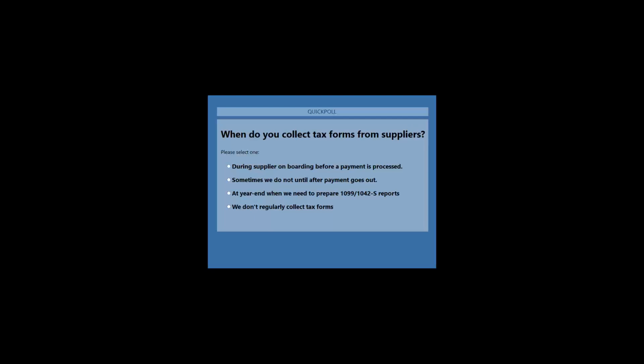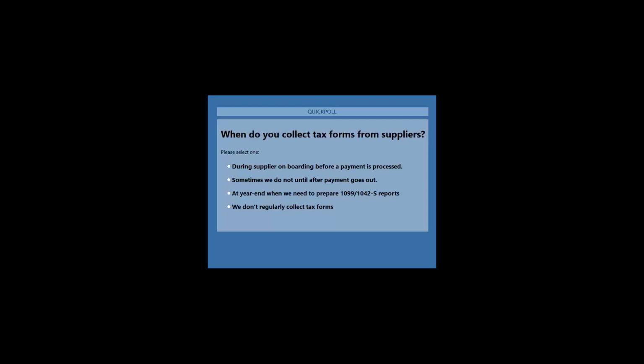This is poll question number 1. We're going to have 3 more polls after this one. We're going to close out of this poll in 3, 2, and 1.